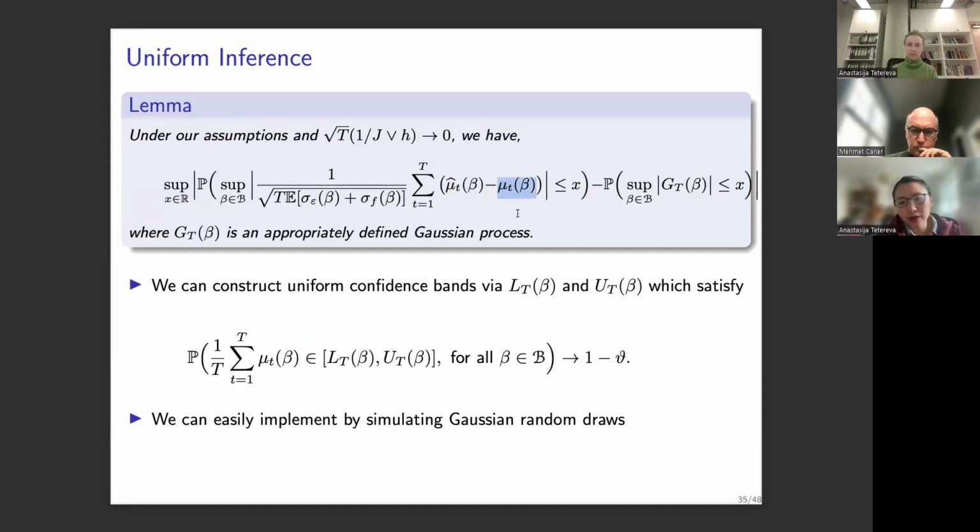Just a remark, this is kind of the thing for the CASR, right? We are centering only at the conditional mean, and then the variance is smaller. Then we can say that the supremum of this average can be approximated well by the maximum of a Gaussian process with a similar type of variance.